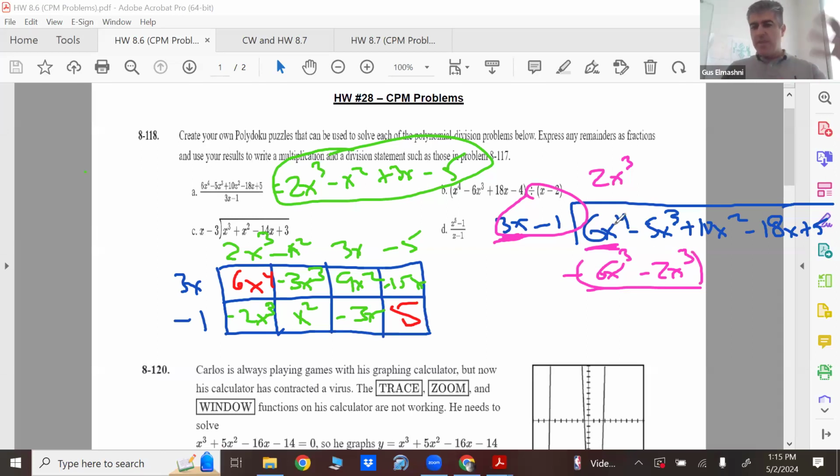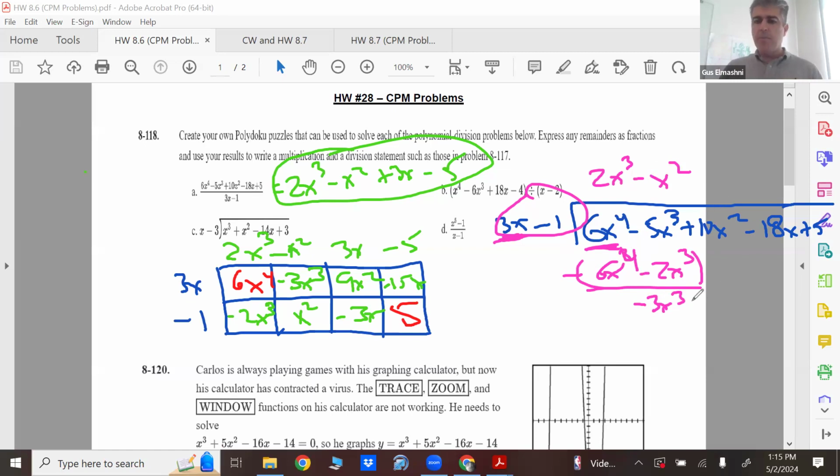Of course, the leading terms, that's 4, sorry, my bad. The leading terms cancel. Negative 5 minus negative 2, that's where people make mistakes with all the negatives. It gets really messy, it's negative 3x cubed. Then you ask yourself, what do I multiply 3x by to get negative 3x cubed? Negative x squared. And you kind of just rinse and repeat.